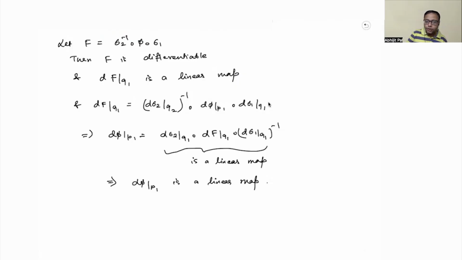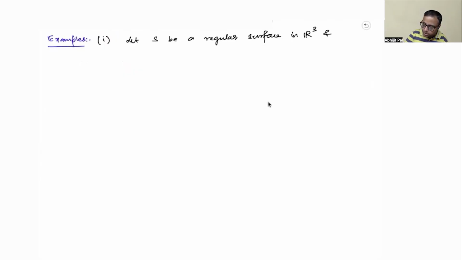Okay, so now let us give some examples. Let us take any regular surface in R3. Let S be a regular surface in R3, and let B belonging to R3 be a unit vector.